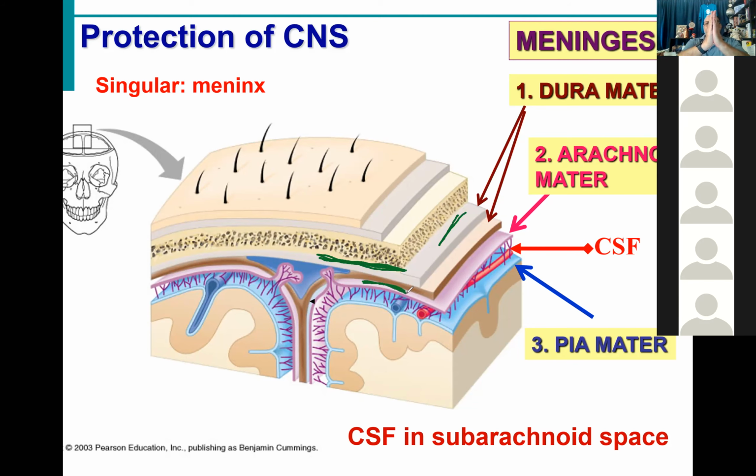They're not fused together into one thing, but there's also nothing in that space. It is a potential space. I'm making a point of emphasizing this because when we talk about the protections of the spinal cord, we'll see the spinal cord also has a dura mater around it, also has an arachnoid mater around it, also has a pia mater around it.